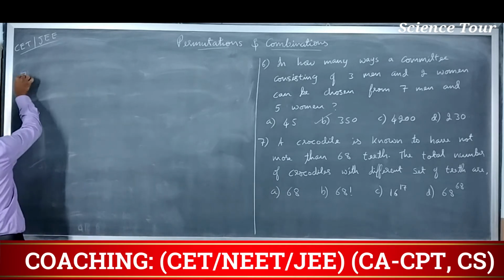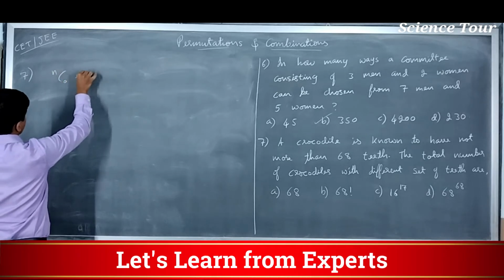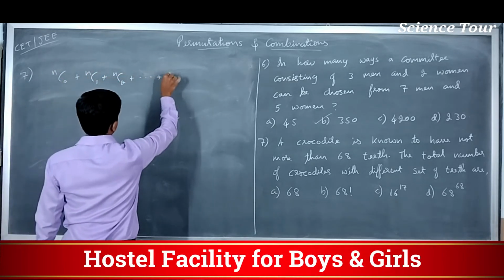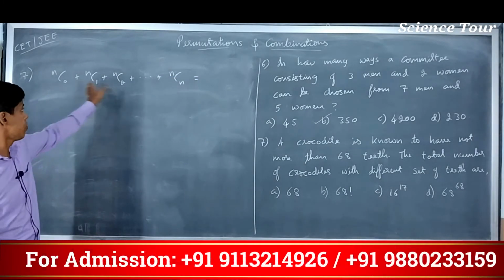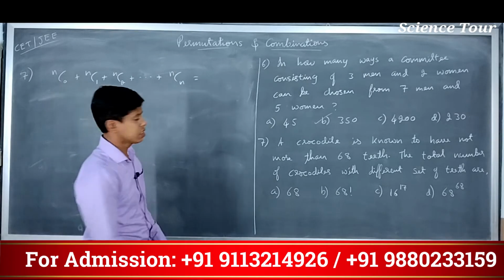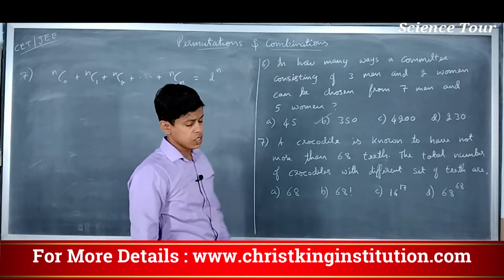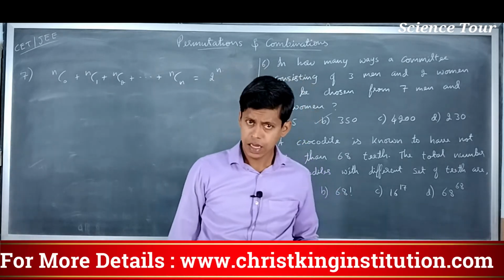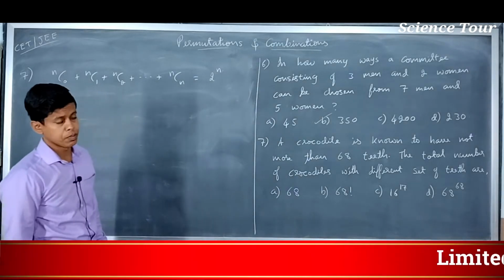That is NC0 plus NC1 plus NC2 and so on till NCN. The sum of this series is 2 raised to n. This is from the binomial theorem chapter. When I do that, I'll explain this formula again. Just remember this formula for the time being.